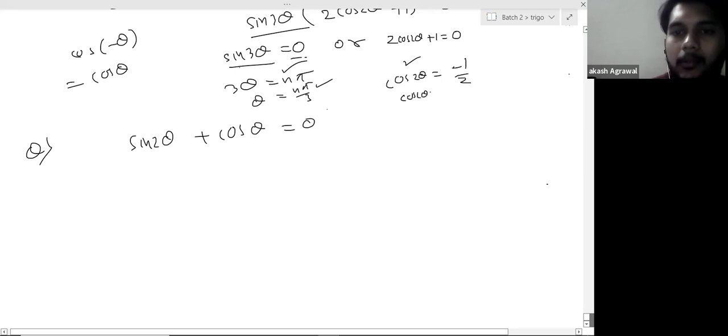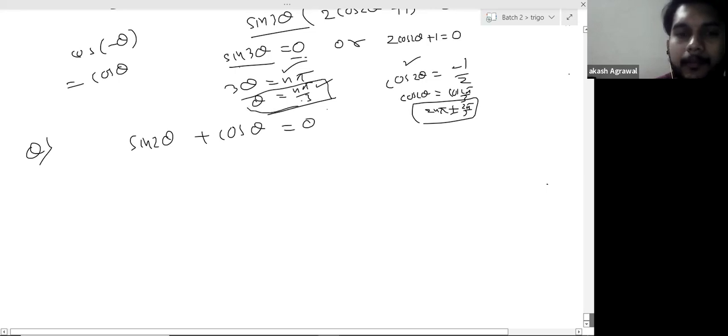So cos 2 theta equals minus half in the second quadrant. So pi minus pi by 3, 2 pi by 3. So cos 2 pi by 3. Now the general formula, right? 2n pi plus or minus alpha, 2 pi by 3. This is the solution. All right. Solve this one also.